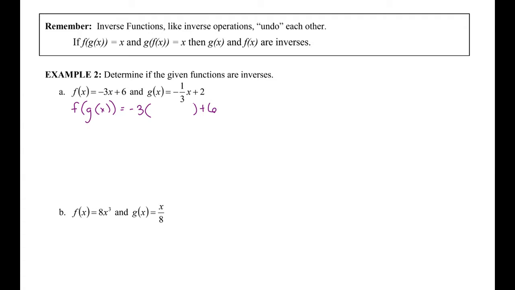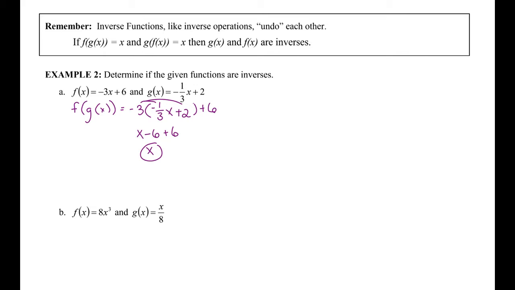So that's going to be the -1/3 x plus 2. From here, I'm going to simplify the right side of my equation and see if I get x as an answer. So I'm going to distribute -3, which will give me x minus 6 plus 6, which simplifies to x.